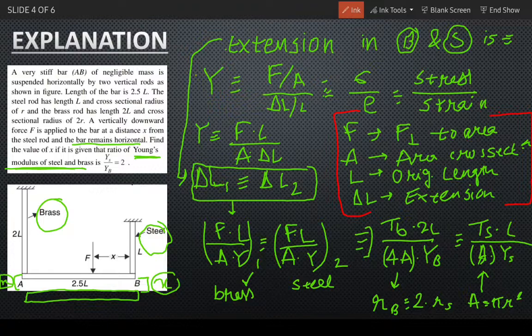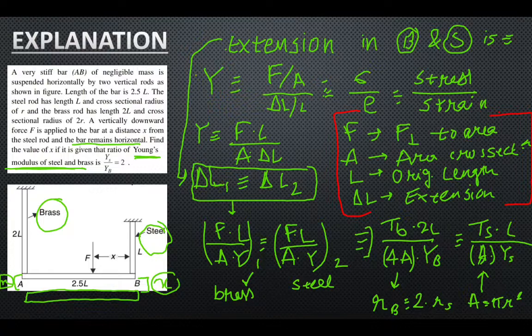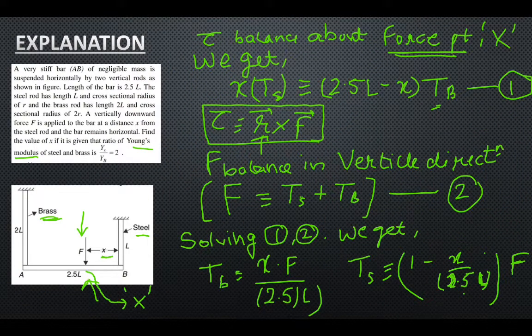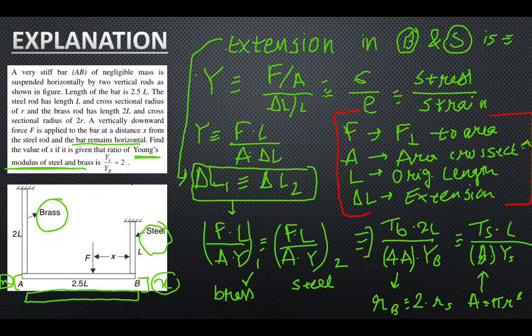So we have almost completed the solution. Now we need to substitute these two equations, in terms of the other coefficients, that is x and F, to get the final answer.